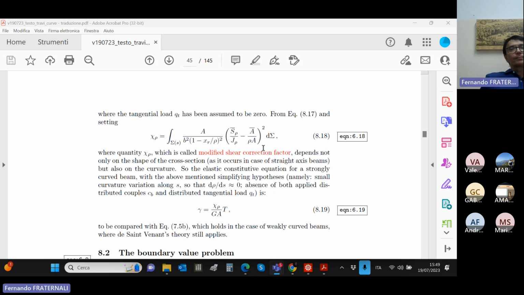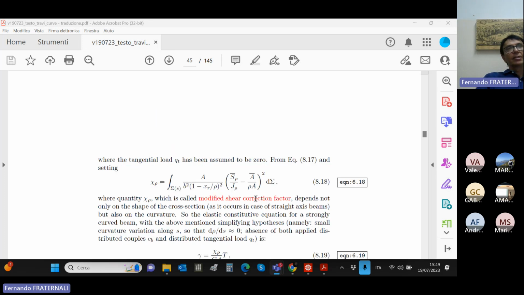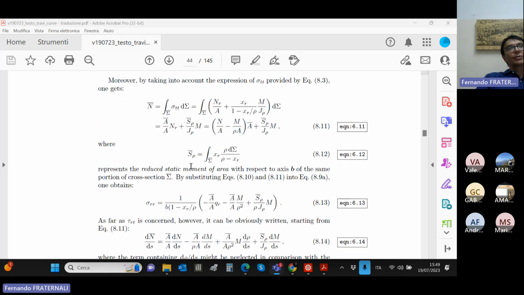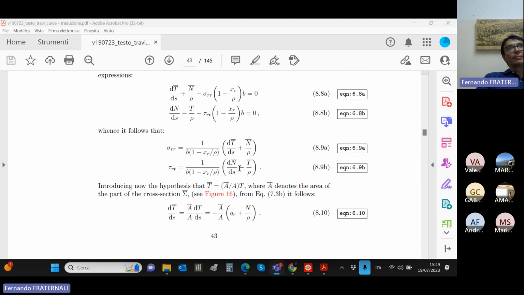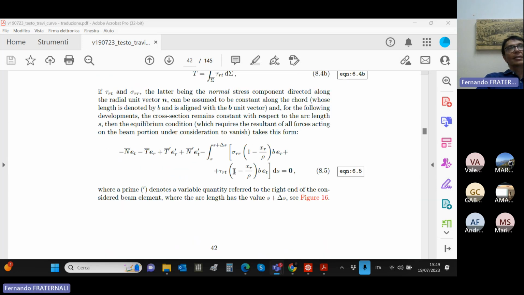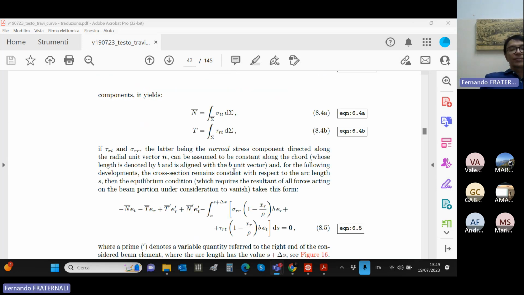So, before going to some applications, obviously this second part related to the derivation of sigma RR and tau RT is not necessary for the beam theory.